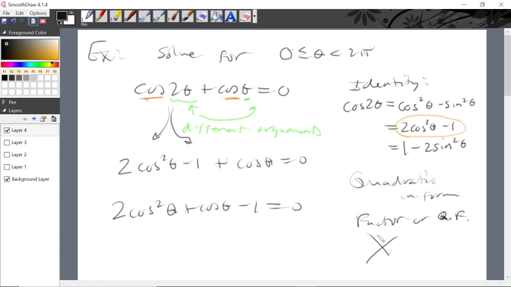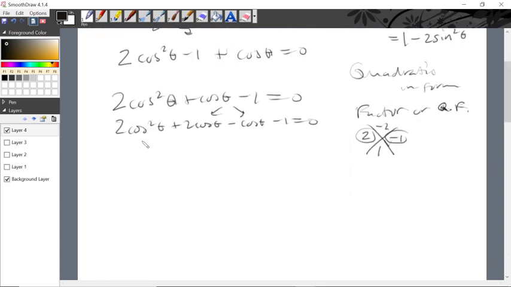2 times negative 1 is negative 2, and the linear coefficient is 1. What are two integers that multiply to negative 2 but add up to equal 1? That would be 2 and negative 1. So 2 cosine squared theta plus 2 cosine theta minus 1 cosine theta minus 1 equals 0. Factor by grouping.